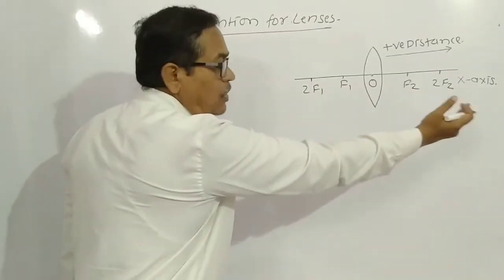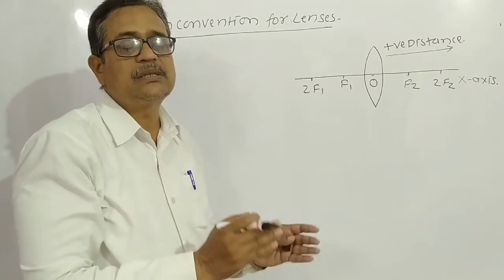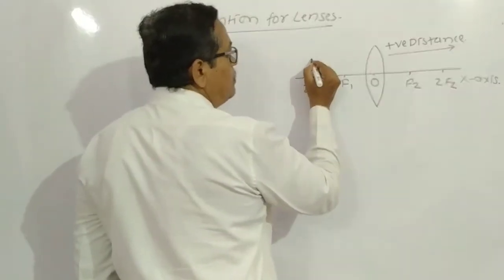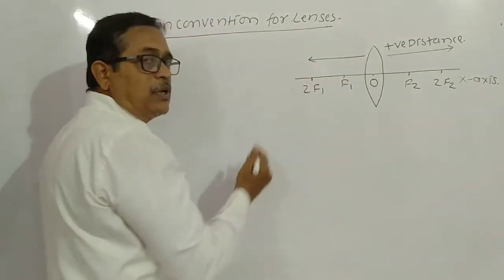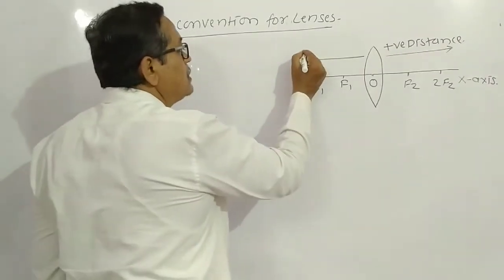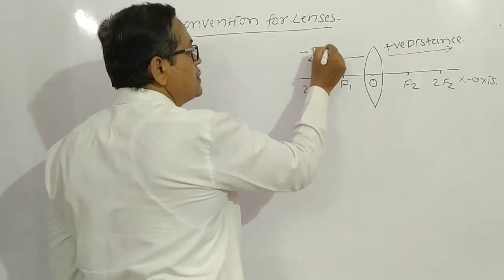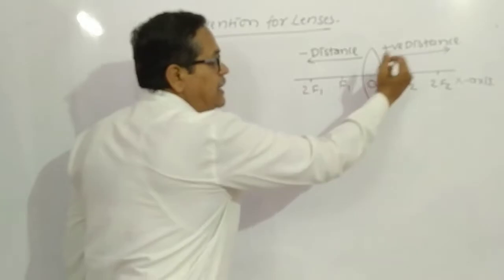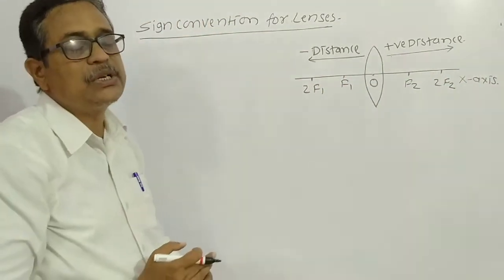All the distances to the right side of the optical center on the principal axis are positive. Distance to the left side of the optical center is negative distance.